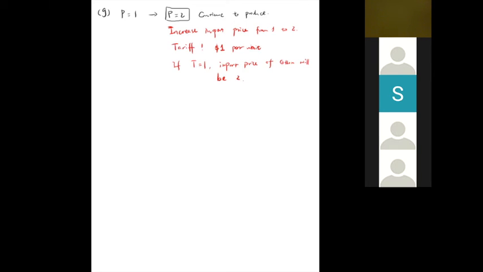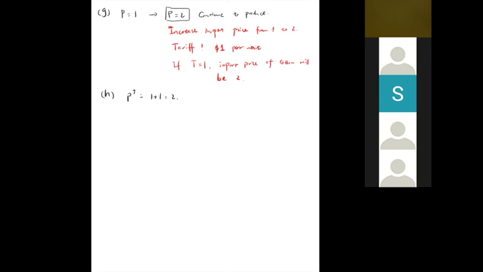Next, for part H. At this level of tariff or subsidy, what is the domestic price, domestic supply, domestic demand, and imports or exports of cotton? If we add a tariff of $1, the price becomes 1 plus 1, which is 2.